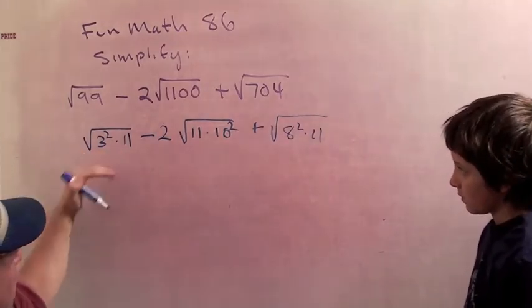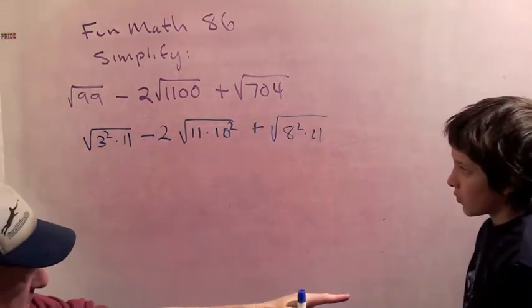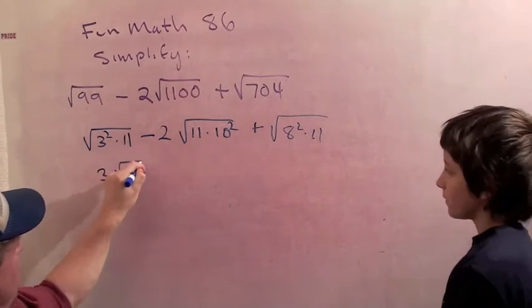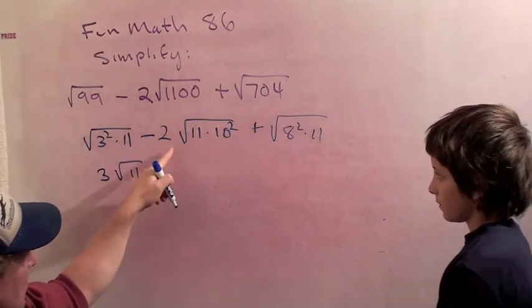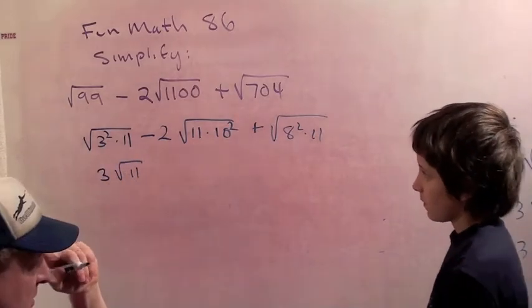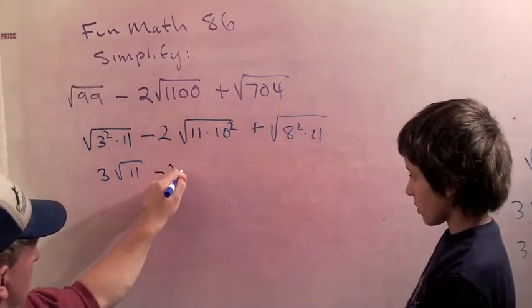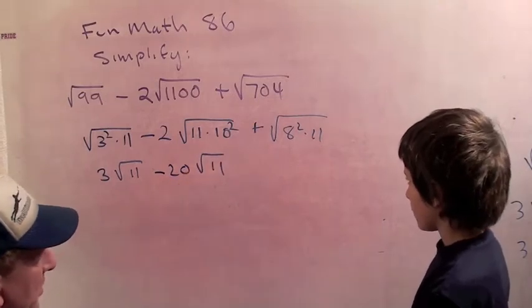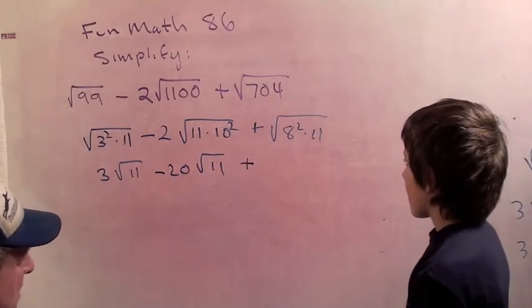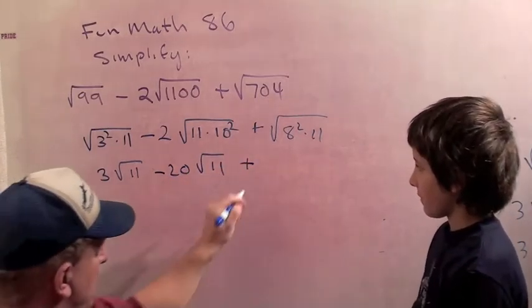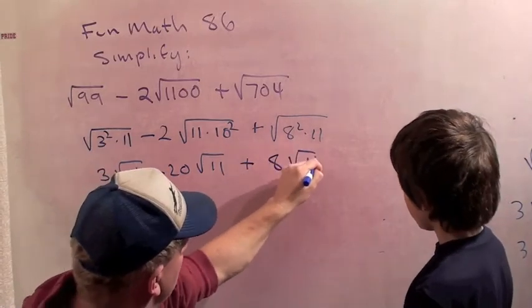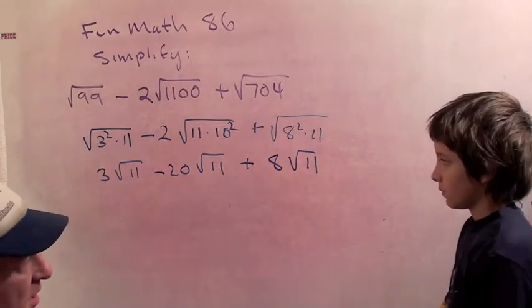So the square root of 3 squared times 11 is equal to 3 times the square root of 11. Minus 2 times the square root of 11 times 10 squared is minus 20 times the square root of 11. Plus 8 times the square root of 11. What can we factor out of all of these?